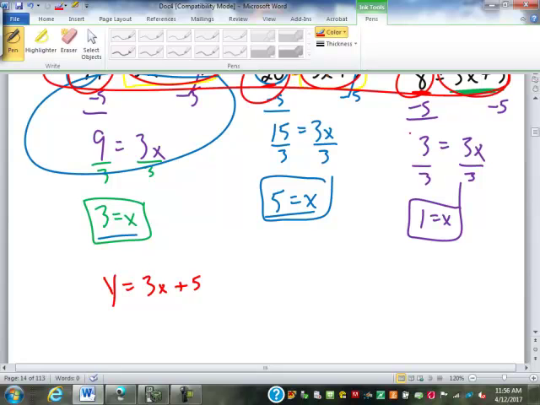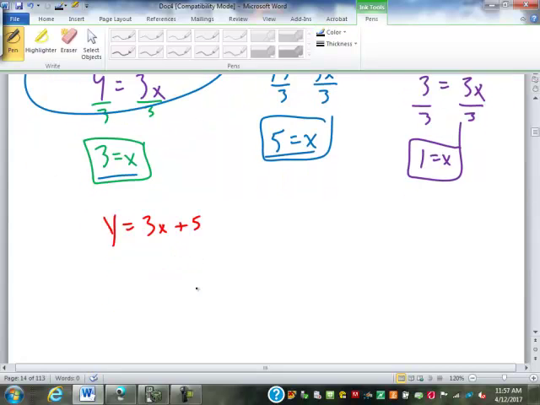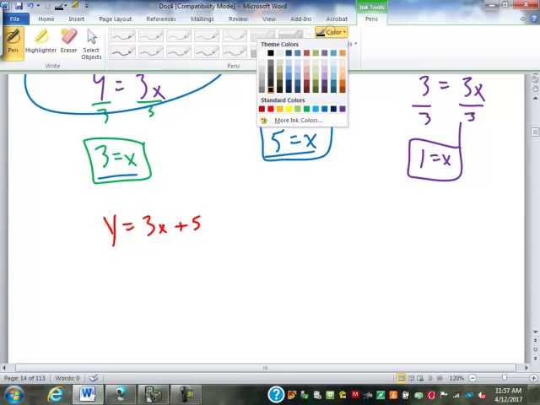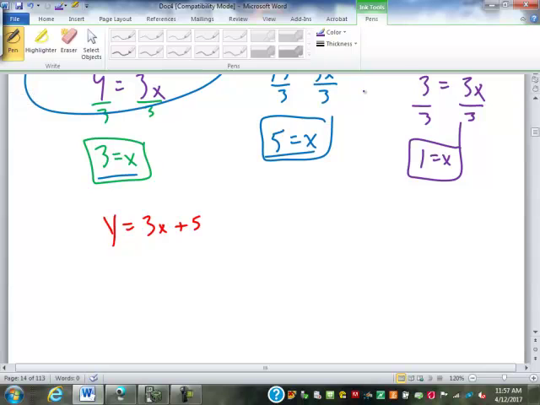And this represents all of those equations I just put up there and more. Any equation that's of this form, 3x plus 5 equals a number. And I can now solve all of those equations in that family at once, and I can display those solutions. Well, displaying those solutions could be very tedious because there are an infinite number of them.